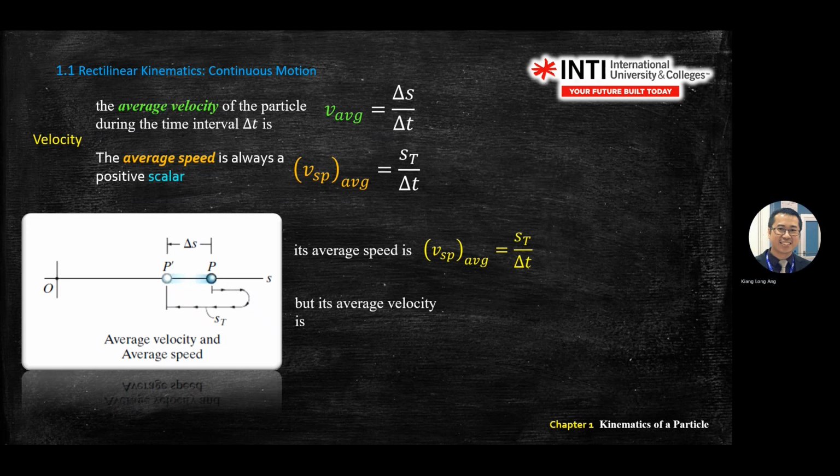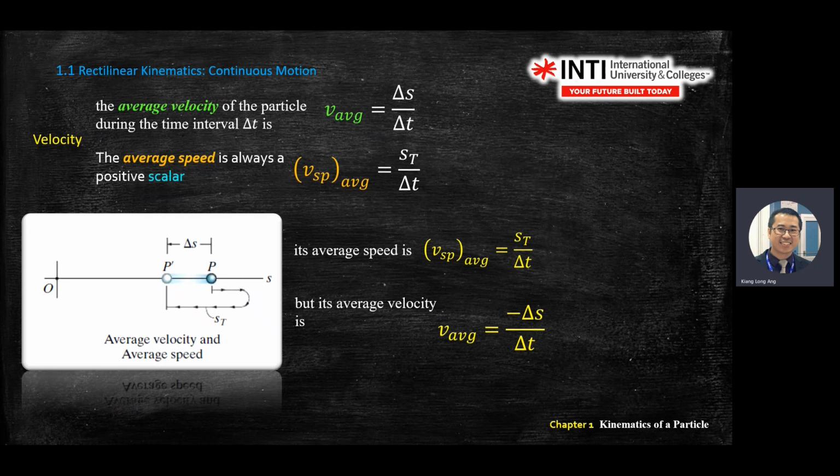However, for average velocity, you get a negative sign there. Why? Because displacement is always referred from the origin to the end location. So this is the original, this is the end. It moved backward, which means negative delta s. Right?